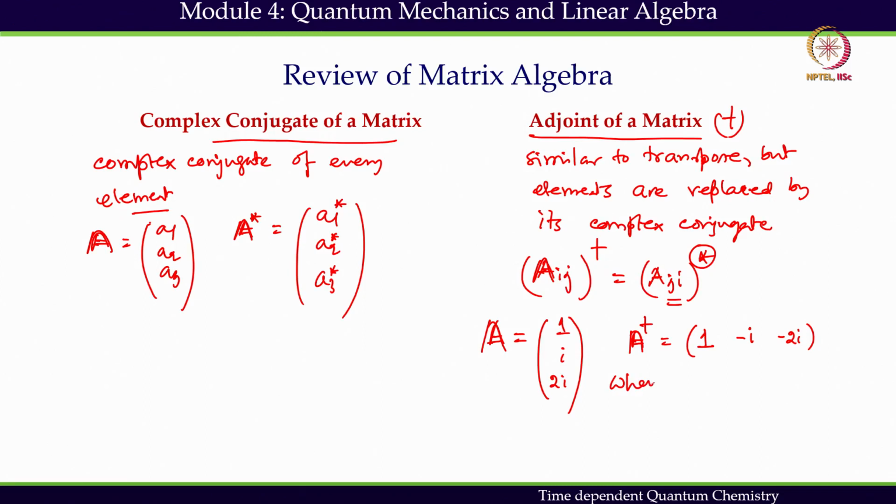When A equals A dagger, that we have already seen, when an operator is equal to its own adjoint, it is called a Hermitian operator, or Hermitian matrix in this case. An operator will be expressed in terms of a matrix, so the name can be interchanged depending on the usage. Right now we will call it a matrix. A Hermitian matrix is defined when its adjoint is itself, when it becomes self adjoint.